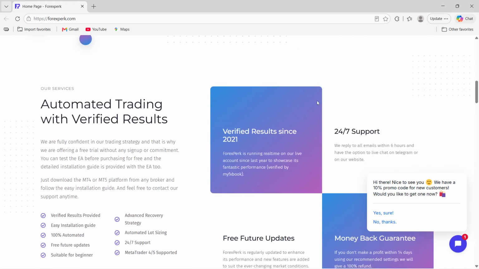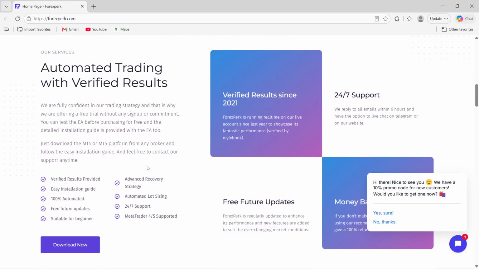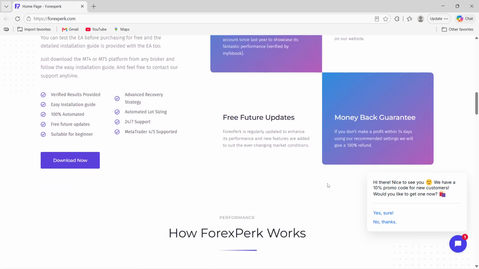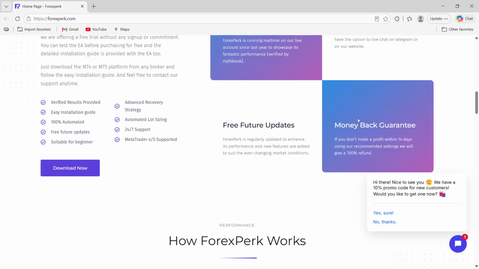Okay, so they claim automated trading with verified results, and that the results have been verified since 2021. They offer 24/7 support, and they claim that if you don't make a profit within 14 days using their recommended settings, they will give you a 100% refund.